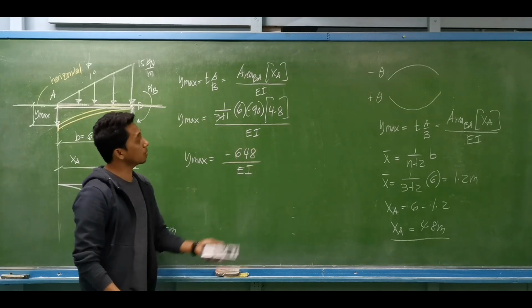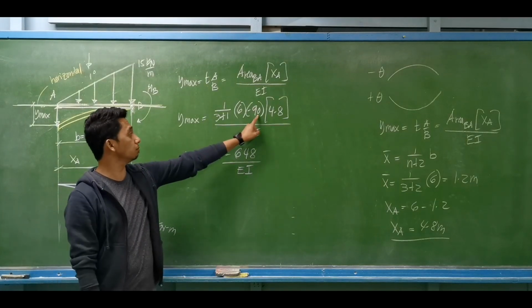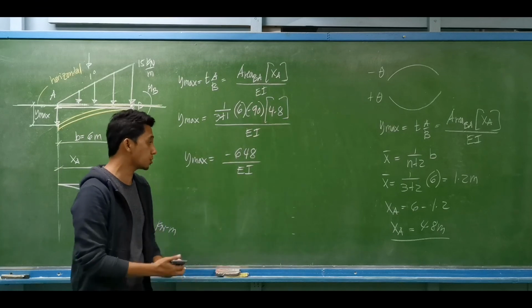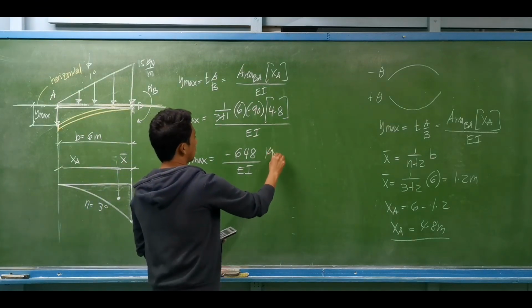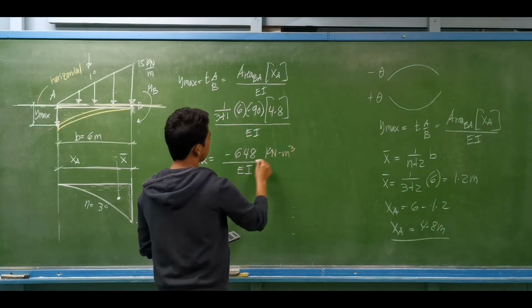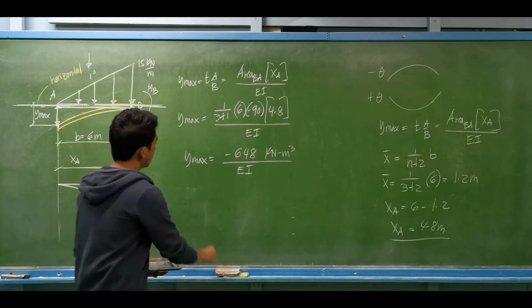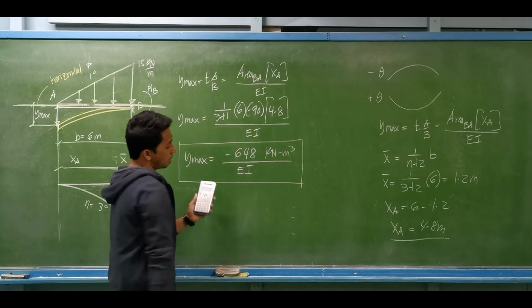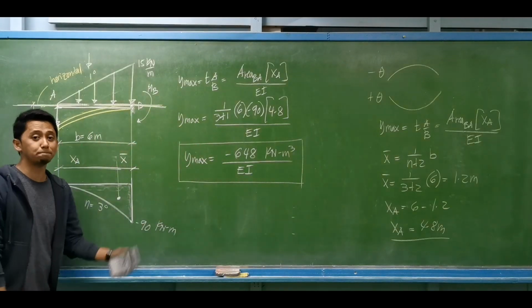What is the unit of the numerator? If you observe, this is kilonewton-meter times meter, that is kilonewton-meter squared, times 4.8 meters, which is the same as kilonewton-meter cubed. That will be the unit of the numerator, and this will be the maximum deflection. Okay, so those are our answers using the area moment method.